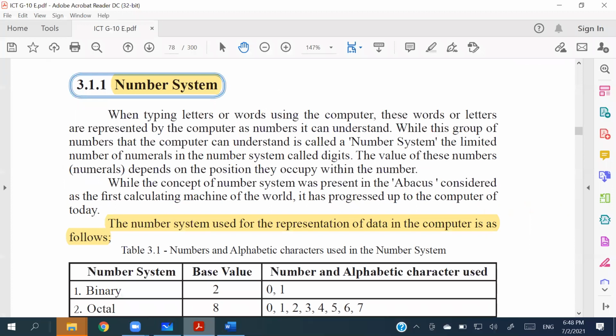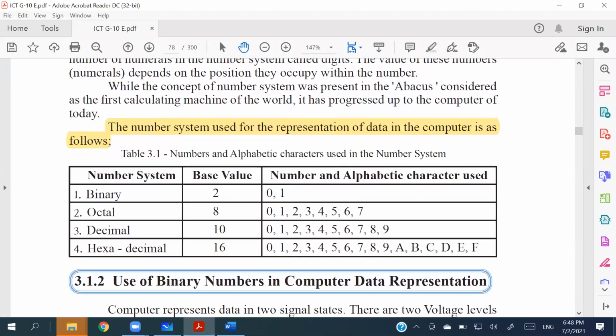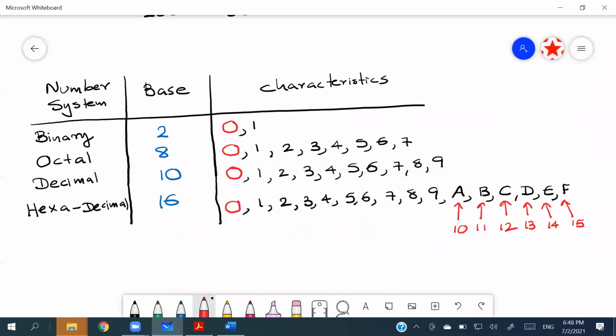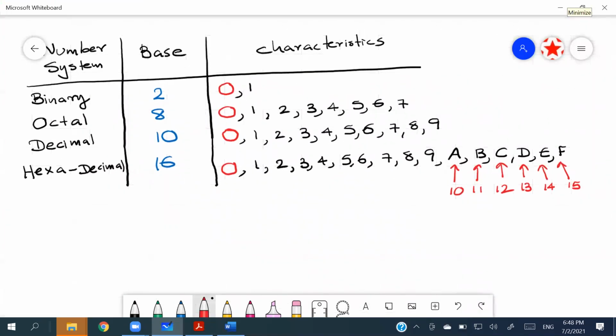Okay, so now since we know the characters which belong to a particular number system, I'm going to ask you a question. If I write some value, let's say 101, and I'm asking you to which particular number system this value belongs. How are we going to figure that out?